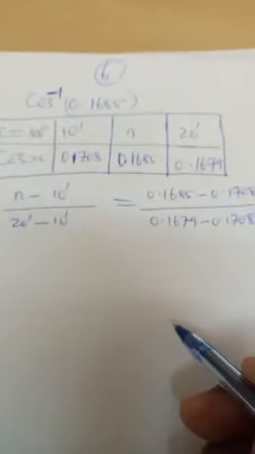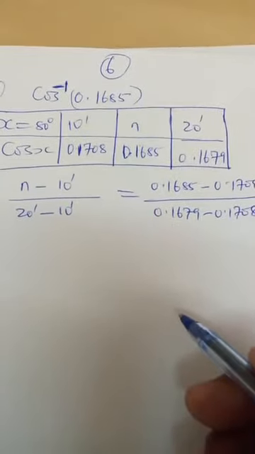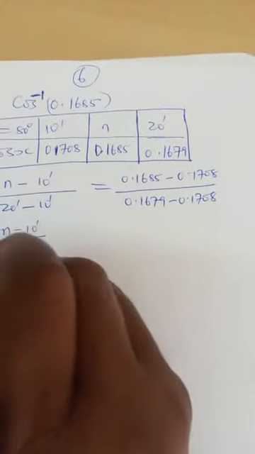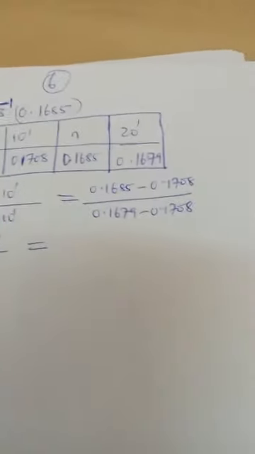The order does not matter, but you should always know what you are looking for. This means that our n minus 10 over 10 should be equal to, when you subtract these, what do you get?